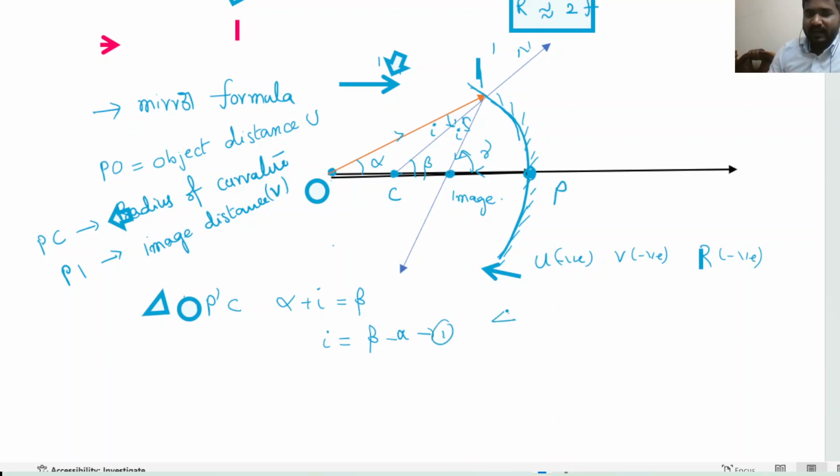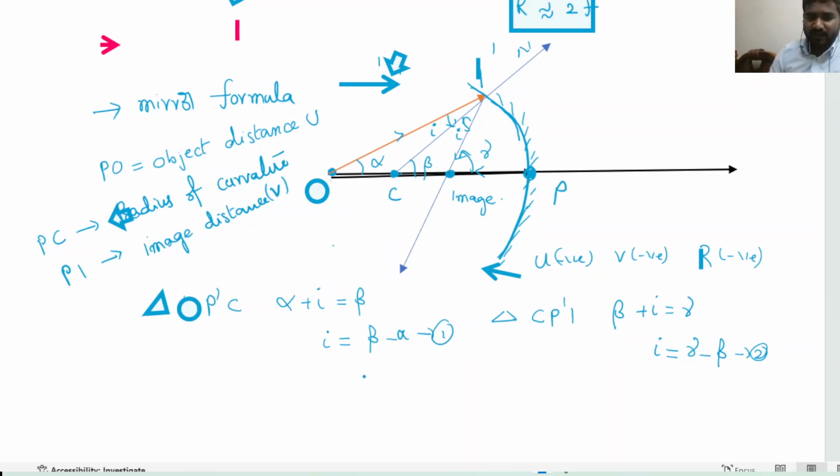Next, from the triangle C P dash I, beta and i are the interior angles and gamma is the exterior angle. Therefore, beta plus i equals gamma. From this, the angle of incidence i equals gamma minus beta. Take this as equation 2.